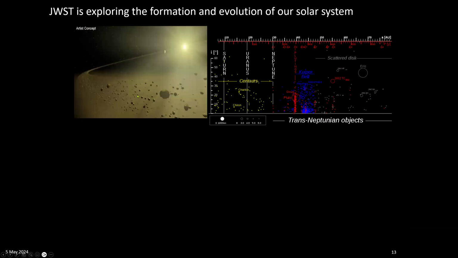All right, what we have here on the upper left is an artist's rendition of that debris disk surrounding our star, the sun, along with an actual map of where this debris lies. These chunks are chunks of rock and ice that are literally left over from the formation of our solar system.